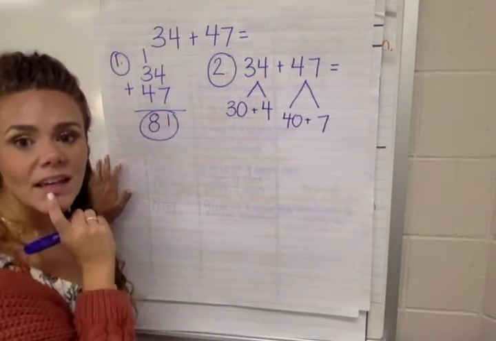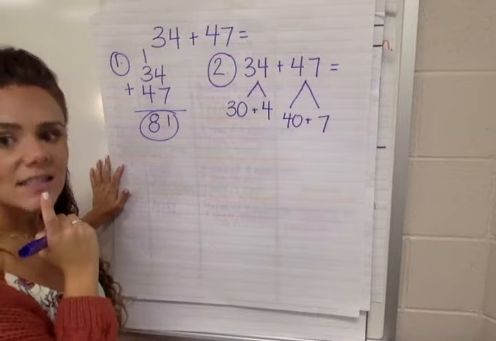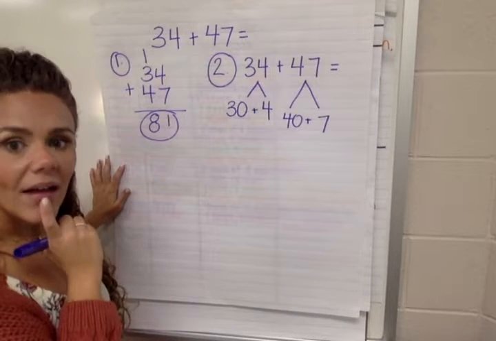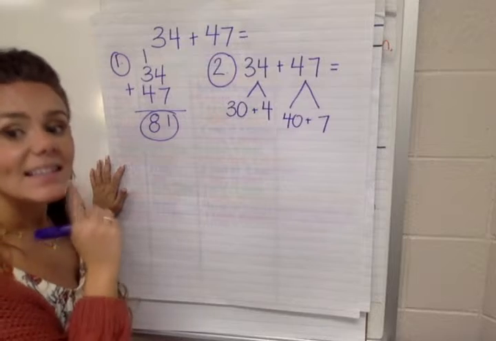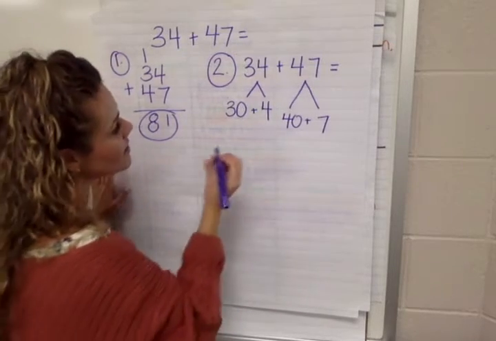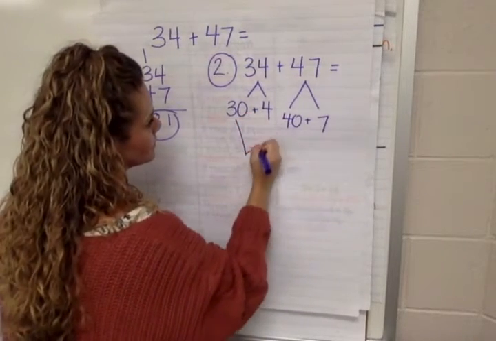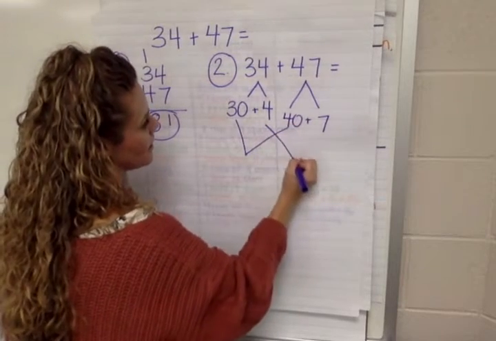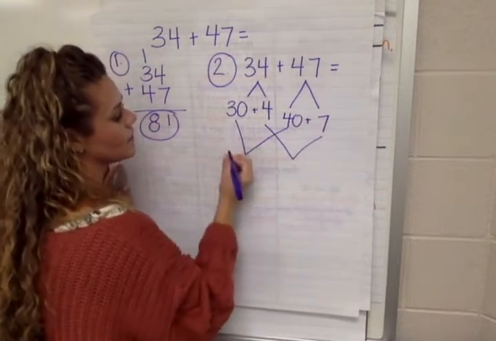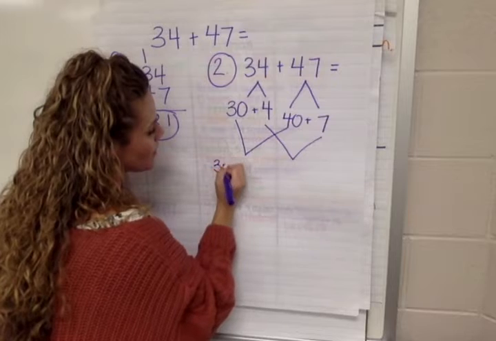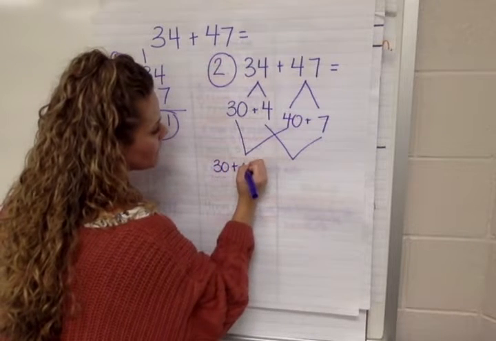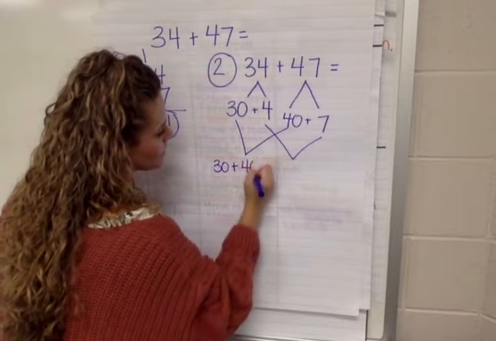Now, you should be thinking in your head, what's my next step? Well, I have to combine the tens and the ones. There's my tens. Here's my ones. So what does 30 plus 40 equal?